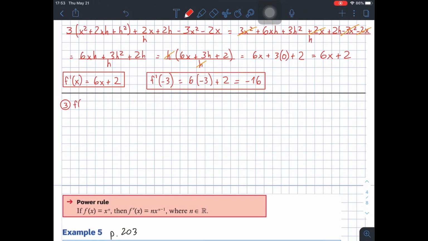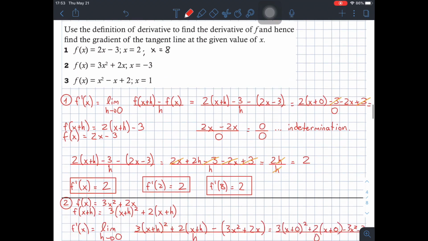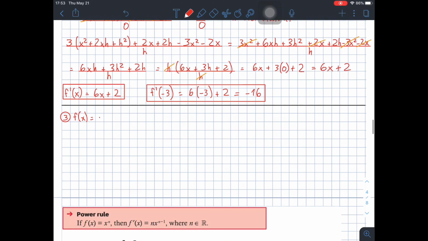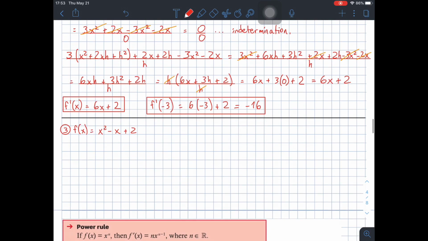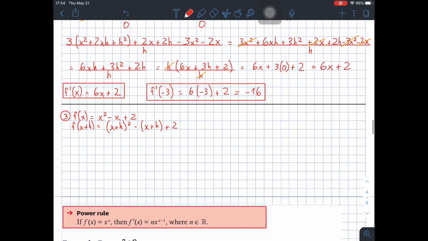First of all, we're going to identify f of x, which is equal to x squared minus x plus 2. Then we're going to identify f of x plus h, which is equal to (x plus h) squared minus (x plus h) plus 2, right?